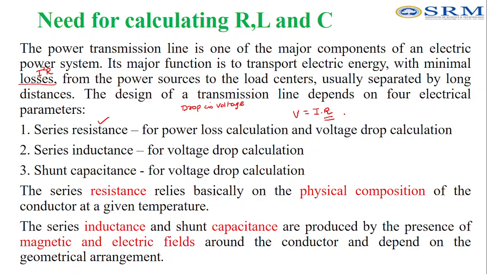Once the resistance value is known, we can find the voltage drop and the power loss. And the series inductance is essential for voltage drop calculation, and the shunt capacitance is also used for calculation of voltage drop.